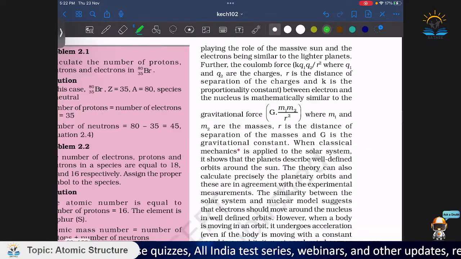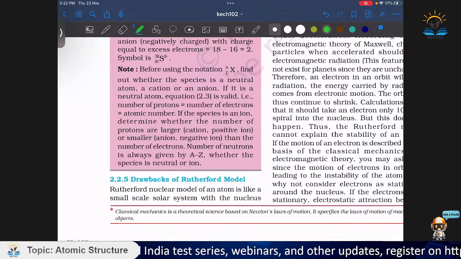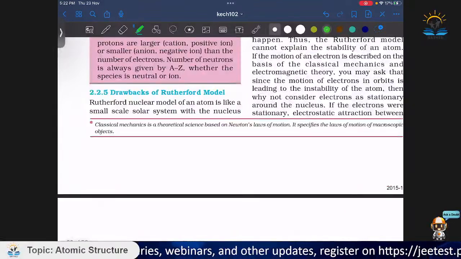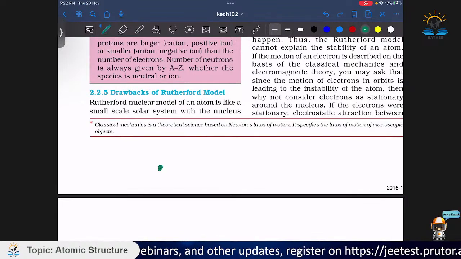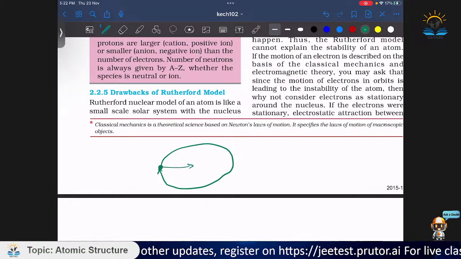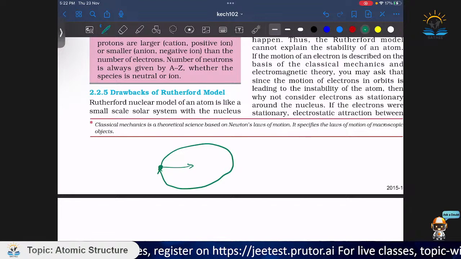Okay. All right. After that, we have the drawback of the Rutherford model. Basically, the drawback was brought forward by Bohr. Bohr said that if a particle is moving in a circle, there is an acceleration keeping it there, a radial, centripetal acceleration.